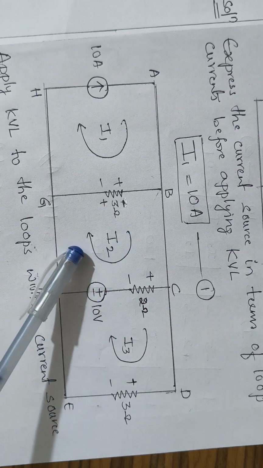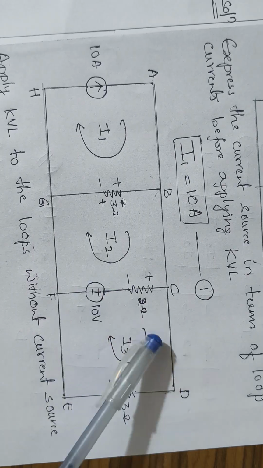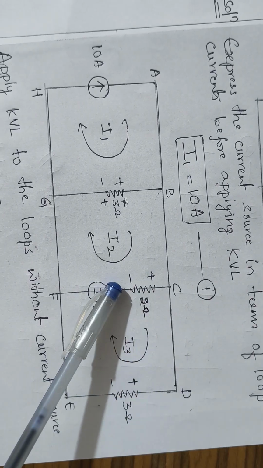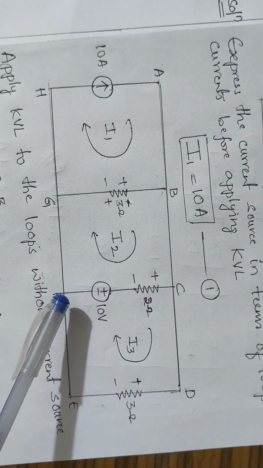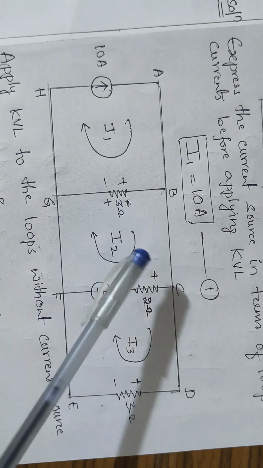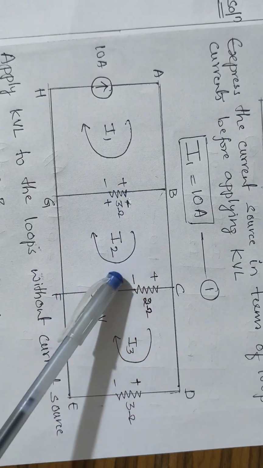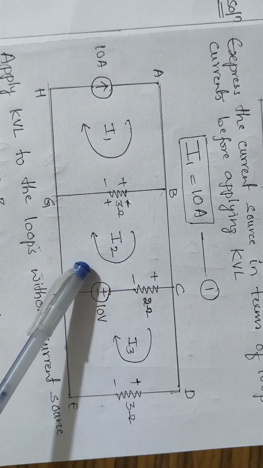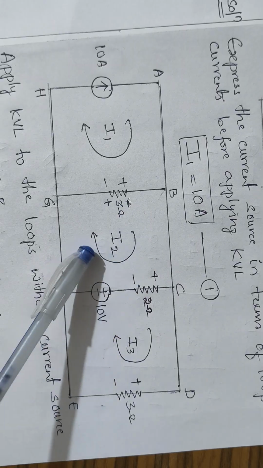So considering the direction of the flow of current, we will assign the polarity to the network elements. So this will be a plus and a minus. Already the polarity is there for the 10 volt source, so we will not assign anything to this. Then again you have plus to minus. You have to assign the polarity of the network element according to the direction of the flow of current.